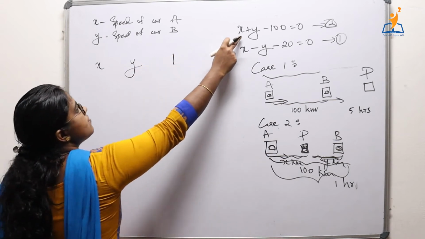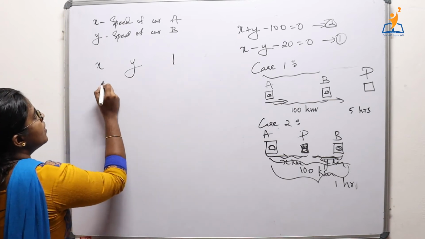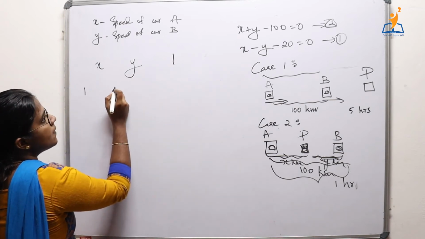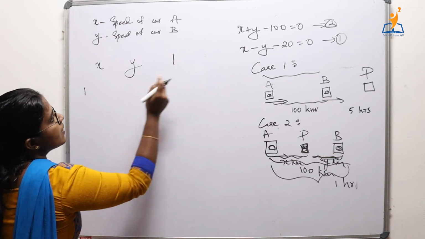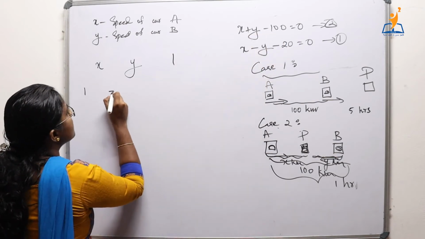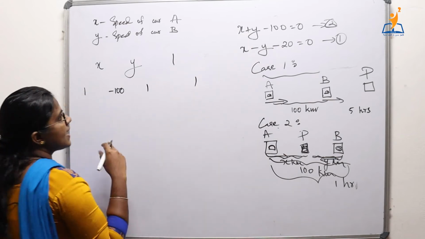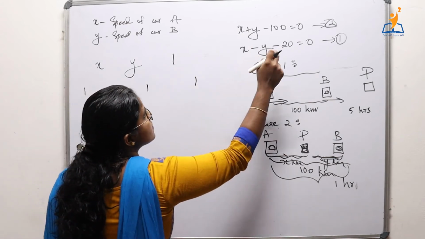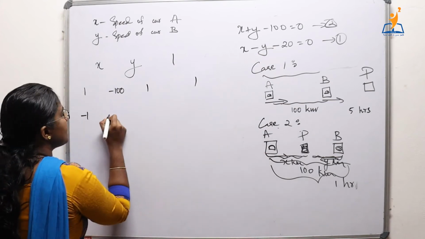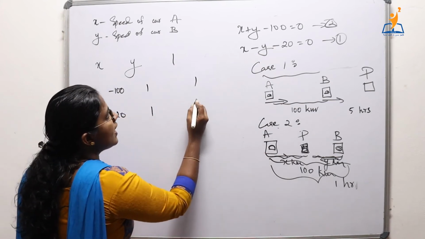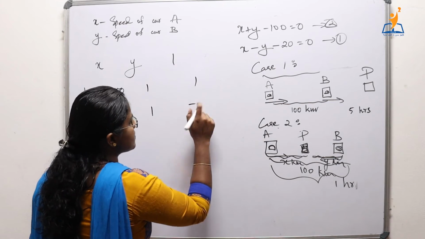In the first equation we have 1, minus 100, again 1. In the second equation we have minus 1, minus 20, again 1 and minus 1.